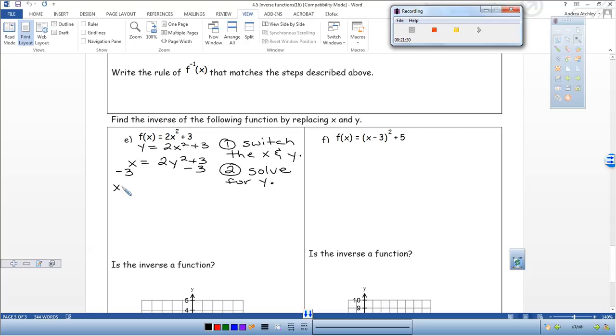I'm going to get x minus 3 equals 2y squared. Then I'm going to divide by that 2 to get the y squared by itself. So then I just have x minus 3, everything all over 2, equals y squared.